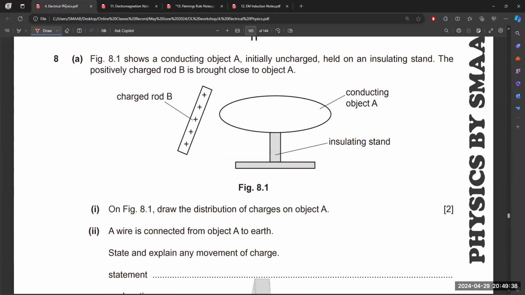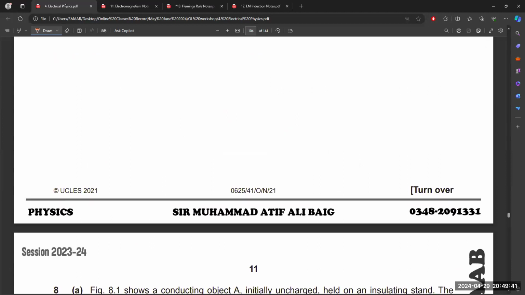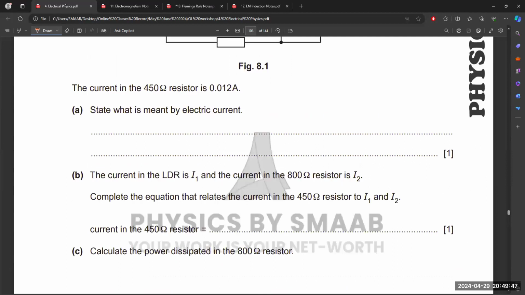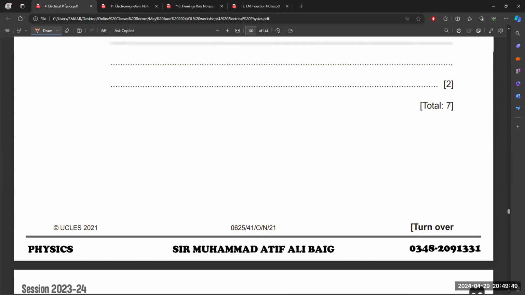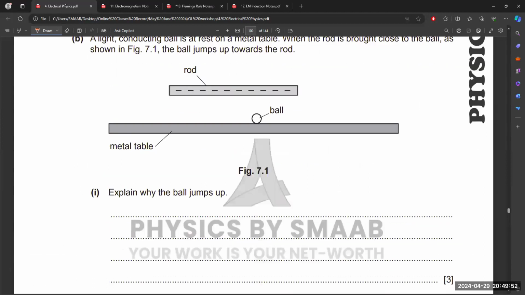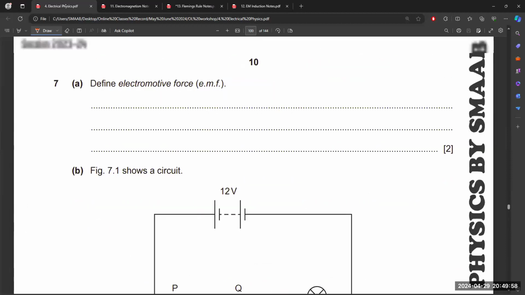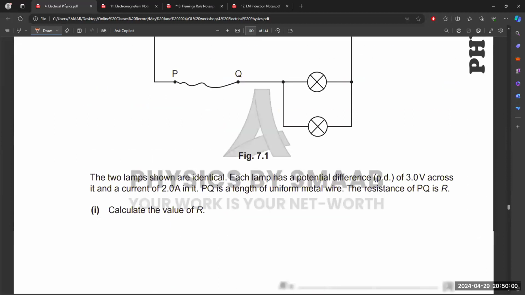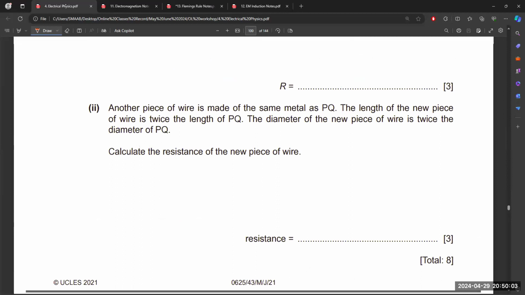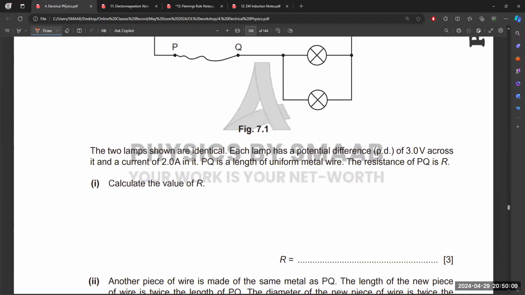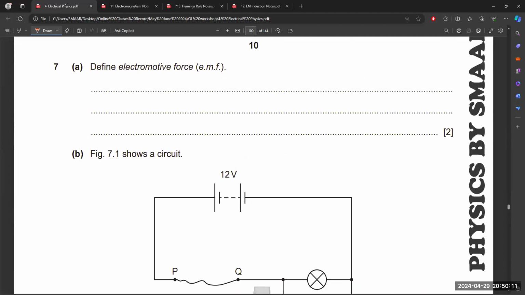Mostly questions from the new papers to the old are related to the electricity part. Okay, if we try this question, it is slightly different from the others that we practiced before.